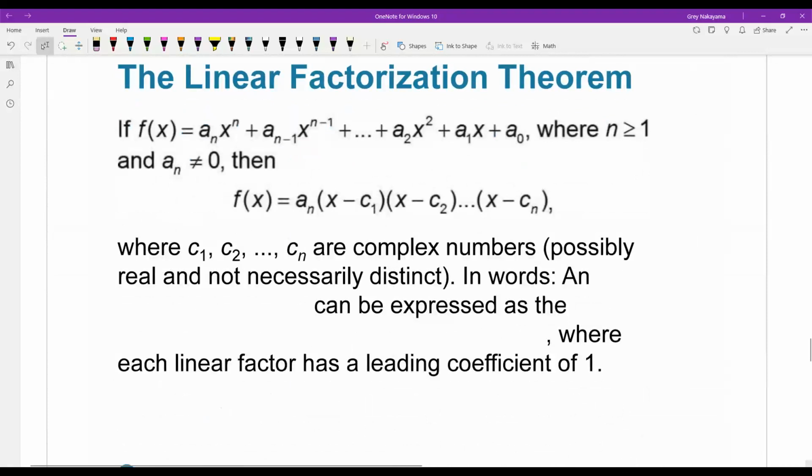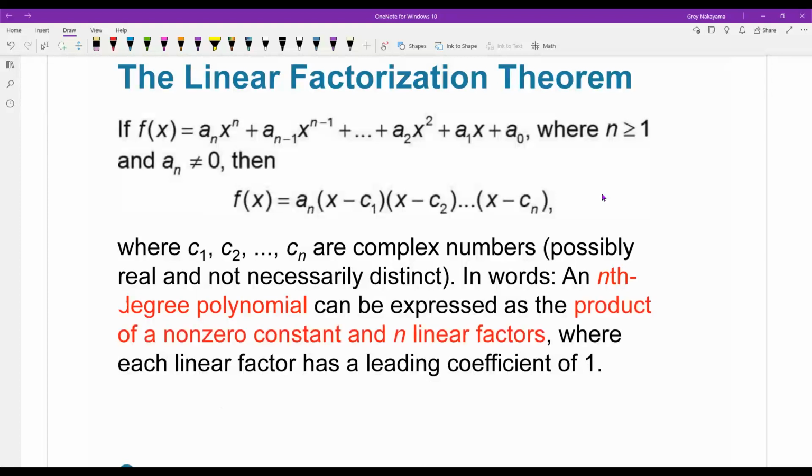Now our linear factorization theorem says anytime that you have factors, whatever factors, I can write the polynomial as a product of those factors. Any nth degree polynomial can be expressed as a product of non-zero constant linear factors. That's what I just said. So if you think about what we just did, we had the zeros of 1 twice and then 2 plus or minus 3i.